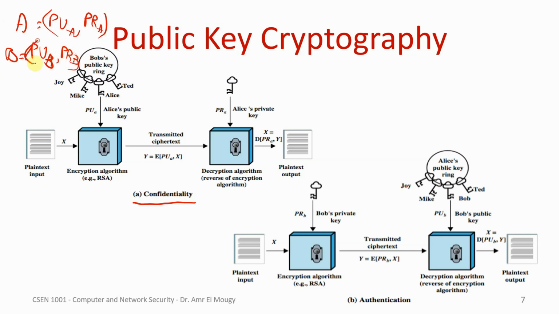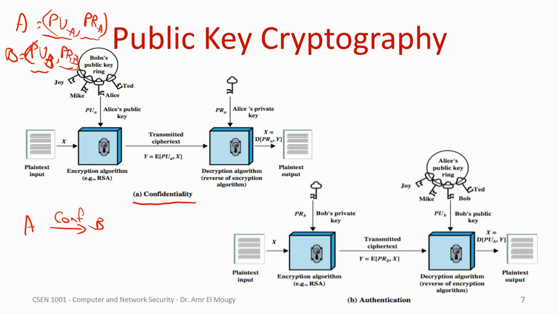So Bob and Alice will each publish their public key, and they will keep their private key secret. That means they will not share it with anyone, even with each other, even if they trust each other, because there is no need. So if Alice wants to send a confidential message to Bob, basically what this means is that Alice wants to send a message such that only Bob will be able to read it, which means that only Bob will be able to decrypt it.